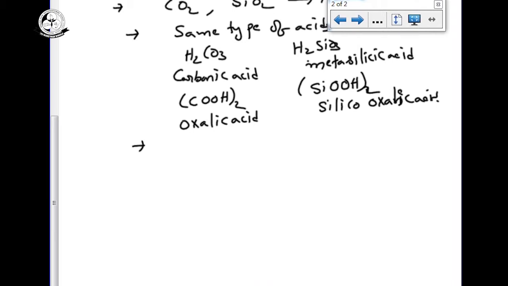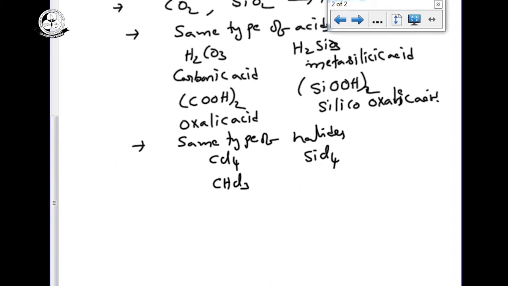Both can form the same type of halides. CCl4 is carbon tetrachloride, SiCl4 is silicon tetrachloride.